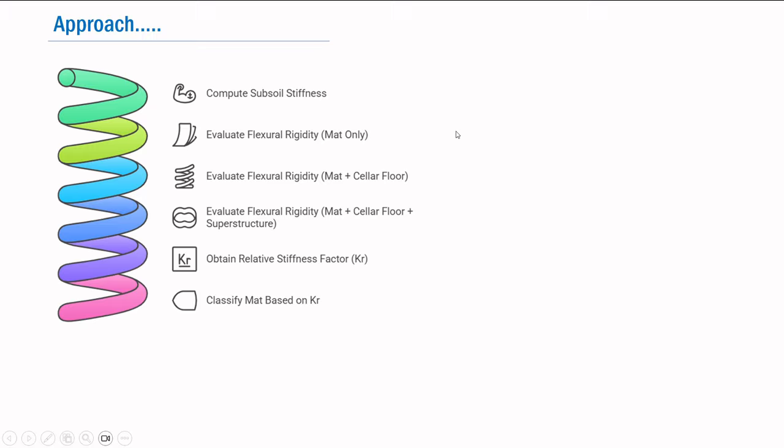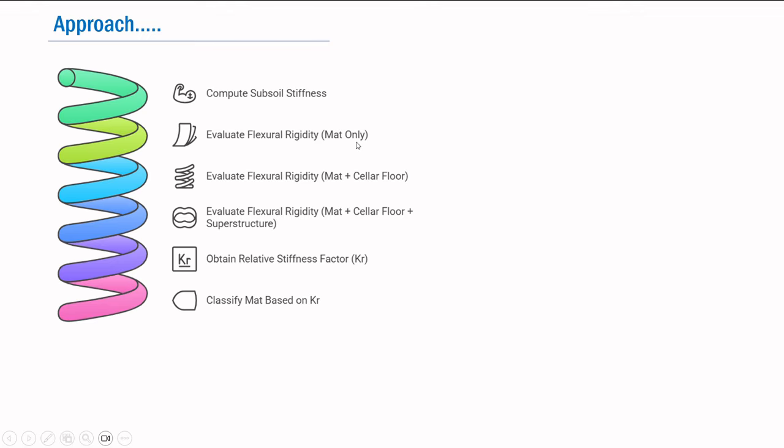So what would be the approach we use for this calculation report? We first proceed for the calculation of the subsoil stiffness based on the foundation plan dimensions as well as the ES value for the soil. Next, we proceed for the evaluation of the flexural rigidity of the mat for 3 cases.